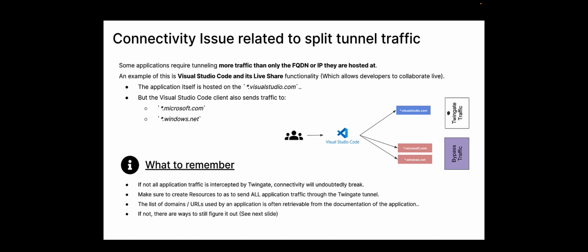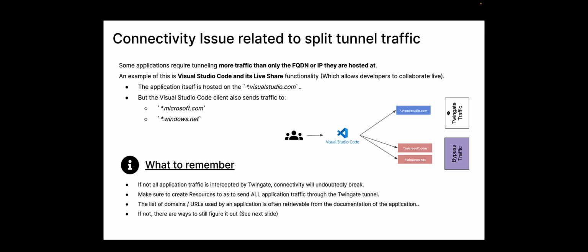For instance, if a user is going to work with Visual Studio, you would think adding a resource that's going to capture all Visual Studio traffic for the Visual Studio domain, which is visualstudio.com, is going to be able to intercept all traffic that is necessary for the application to work, and therefore you're all set. But for Visual Studio, it's not always the case.